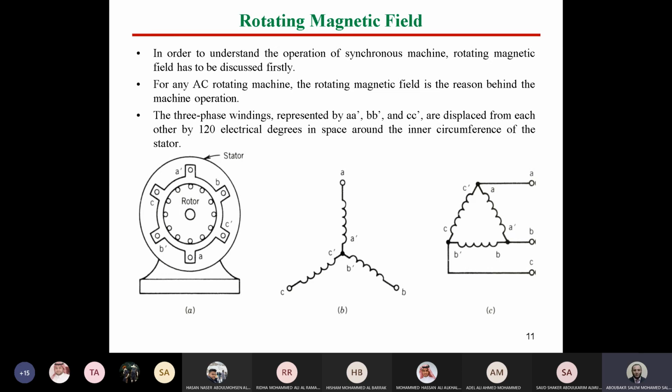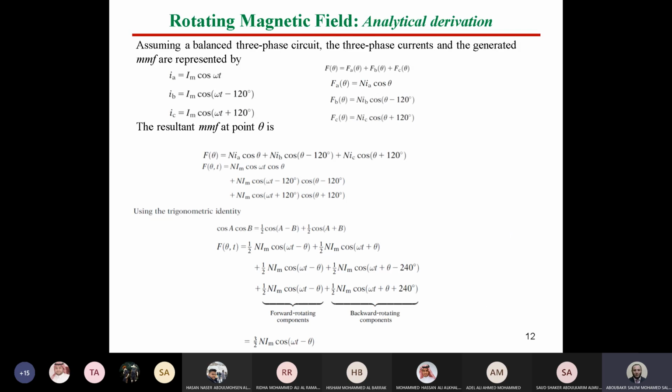Now, for the rotating magnetic field, we agreed together, Shabab, that the magnetic field of the three-phase is rotating. I know you already learned this derivation before, so it's not very important for us. What we need, if you just start from the beginning, is the knowledge of current for the three phases, and you know MMF equals N multiplied by I by cosine theta.